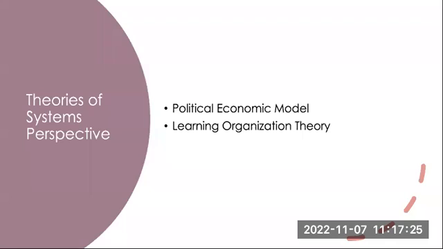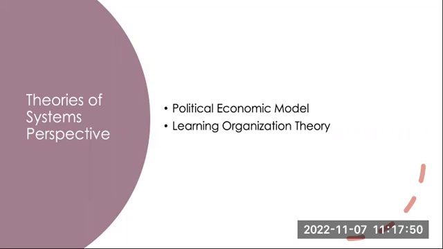This model focuses on two types of resources necessary to organizations: political resources, which include legitimacy and power, and economic resources. The greater the dependence of the organization on the environment for either of these types of resources, the greater influence the environment will have on the organization.